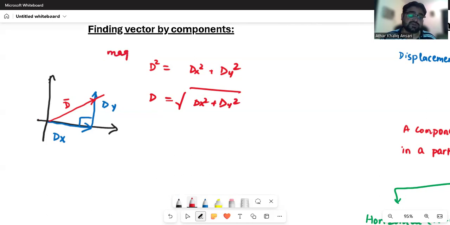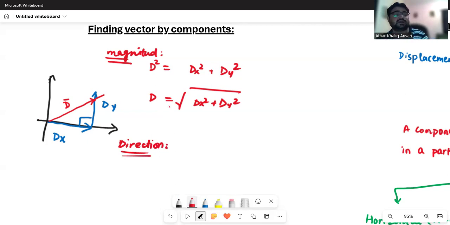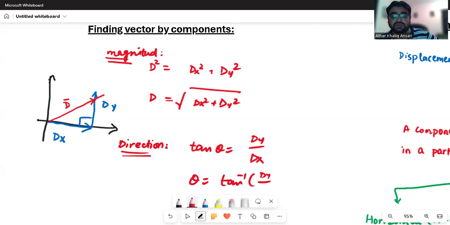Any vector has two things, magnitude and direction. As you see in this triangle, we have horizontal, adjacent and opposite. So we will use tan theta to find the direction, and tan theta is opposite dy over dx. So theta is equal to tan inverse dy over dx.